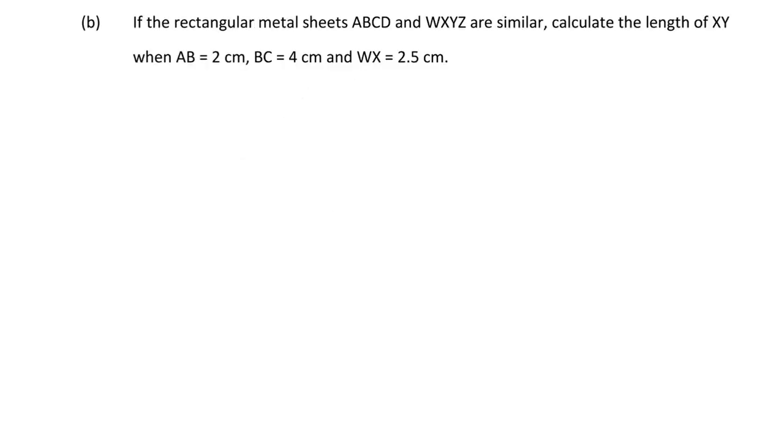Part B of the question: if the rectangular metal sheets ABCD and WXYZ are similar, calculate the length of XY when AB equals 2 cm, BC equals 4 cm, and WX equals 2.5 cm.